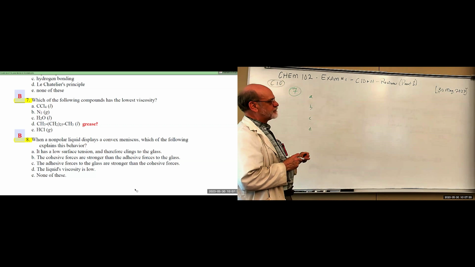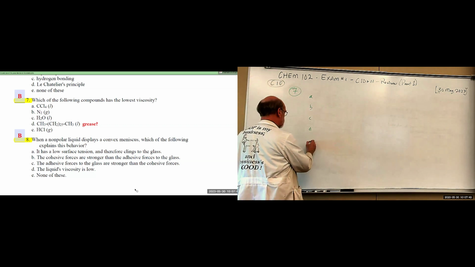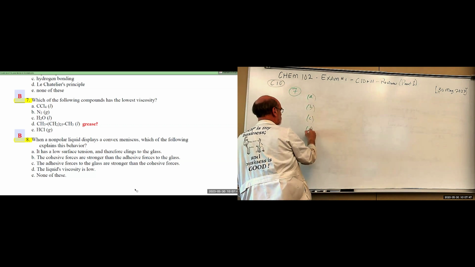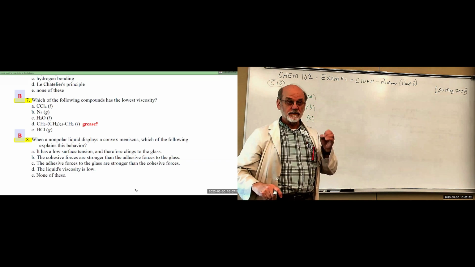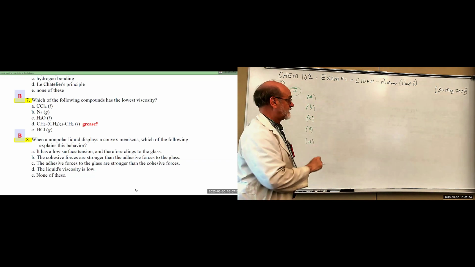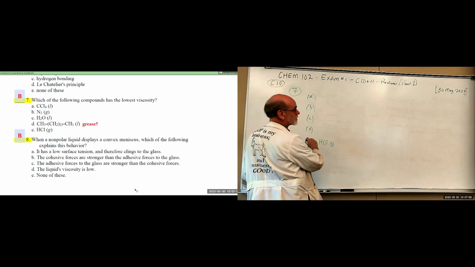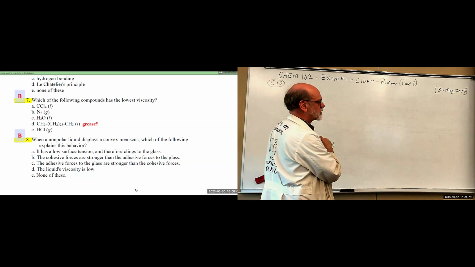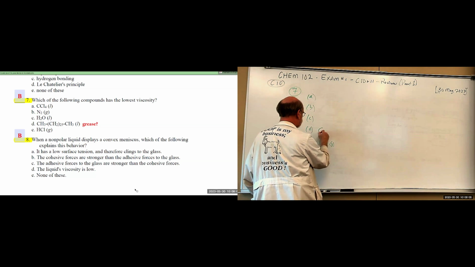So which ones have the lowest viscosity? The lowest viscosity is going to be the substance that has the weakest intermolecular forces. So if we've got this gas and this, I'm going to use the condensed form here.